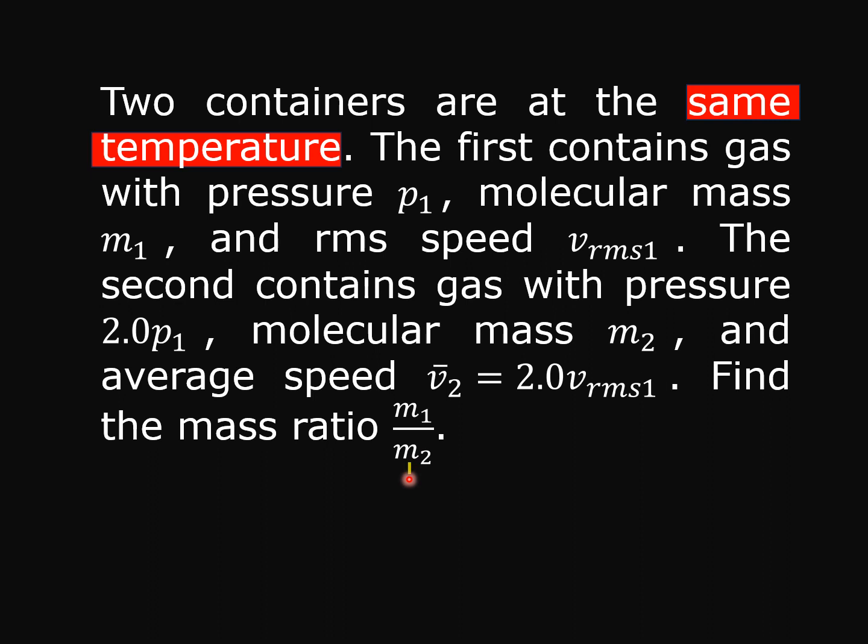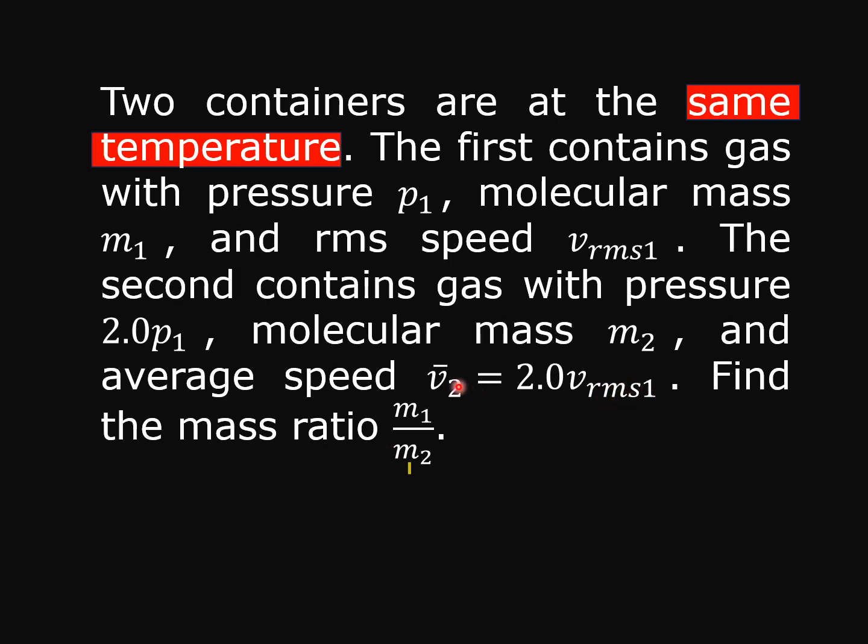To find this M1 and M2 ratio, the question also provides the information that the average speed V bar 2 for the second gas is 2 times the Vrms for the first gas.